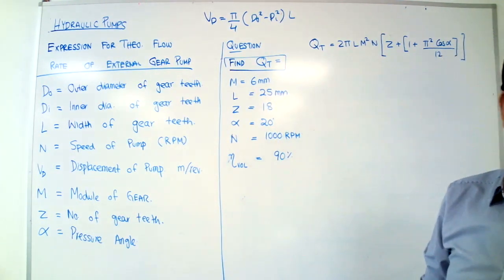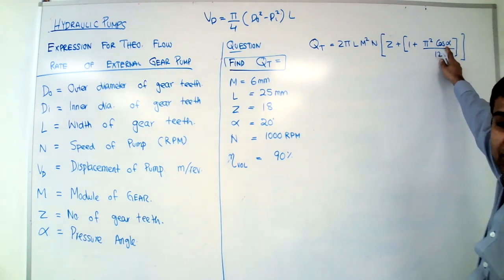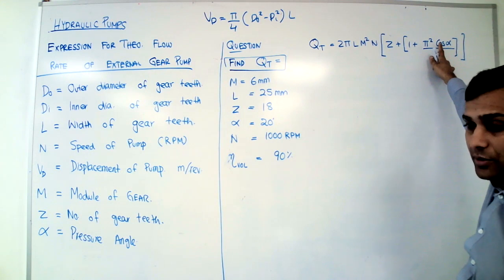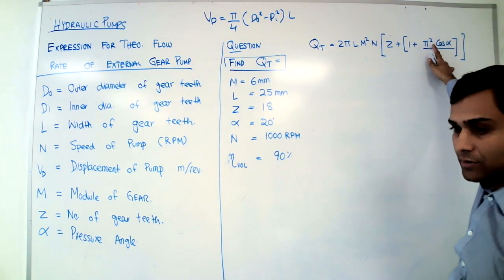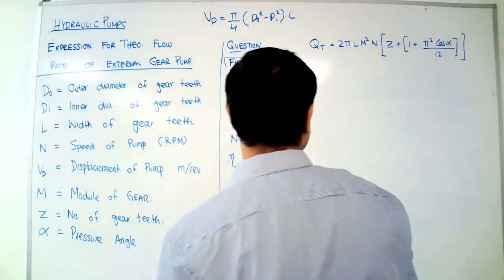Just have a look at the other formula which I provided before. I put 20 there, it's not 20. And I think it's pi squared cos alpha, it's not cos squared. Okay, we just put that one.